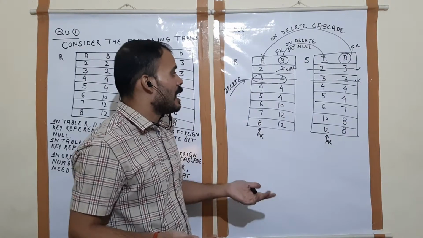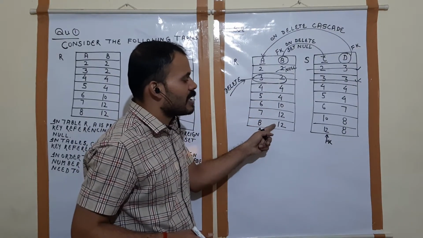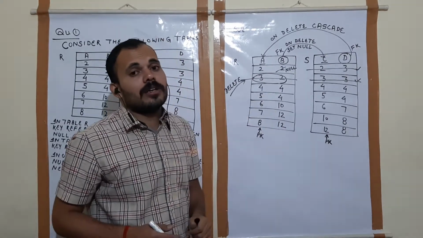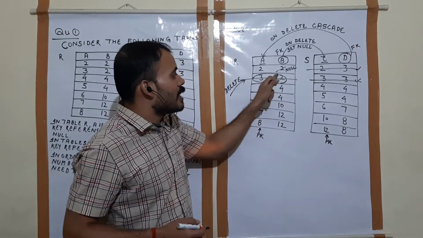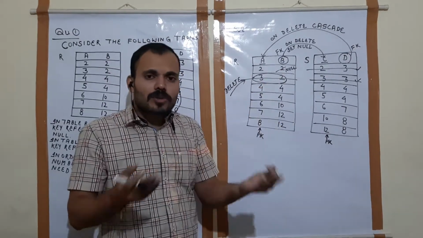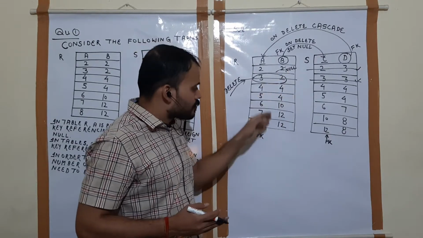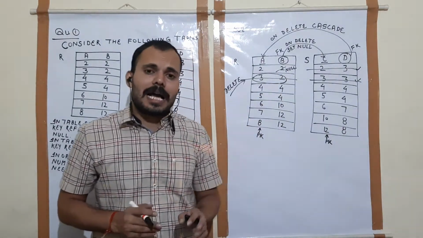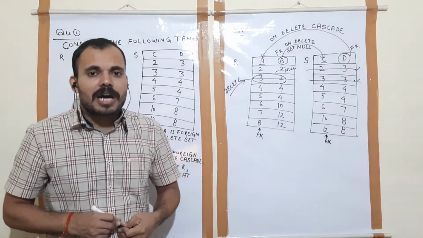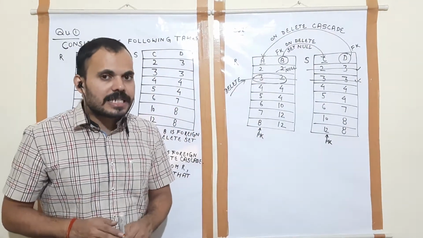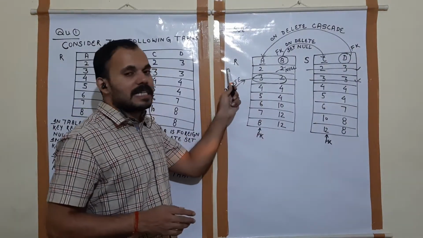Now see here, there is 4, there is 4, there is 10, there is 12, there is 12. There is no other 2 or 3, but there is only one 2 and there is no 3. So this 2 is set null and the others will remain as they are. Understood? So how many additional records do we have to delete in order to delete the record 3 2 from the relation R?